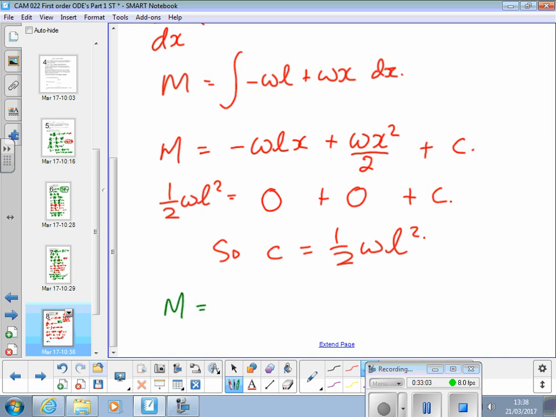M is equal to minus omega L x plus omega x squared over 2 plus half omega L squared.